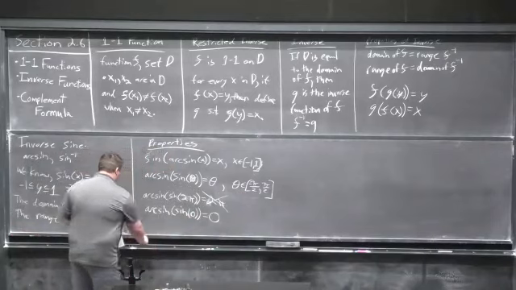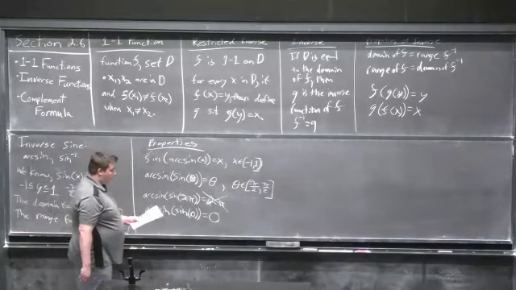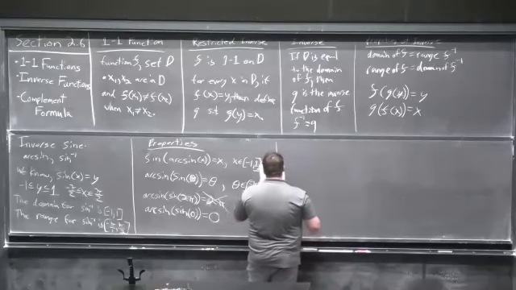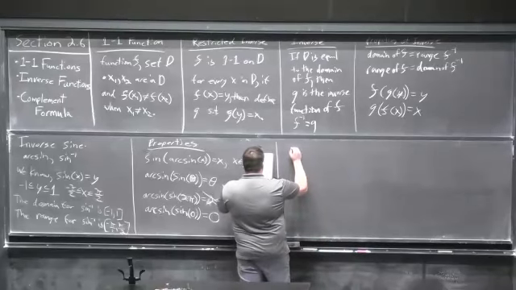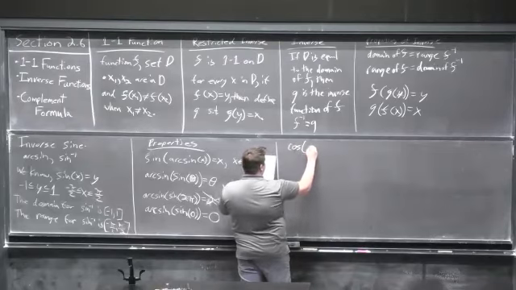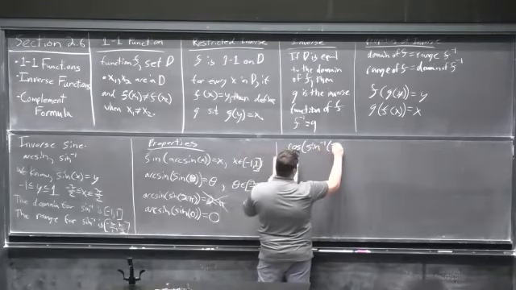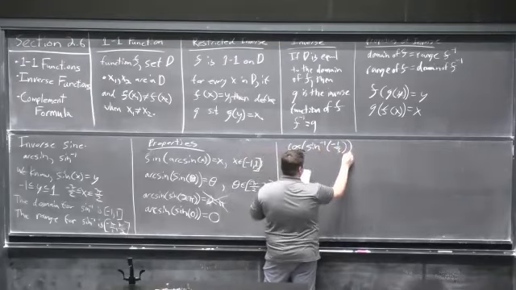So let's find a more concrete example. We want to find the exact value of cosine of sine inverse of -1/3.